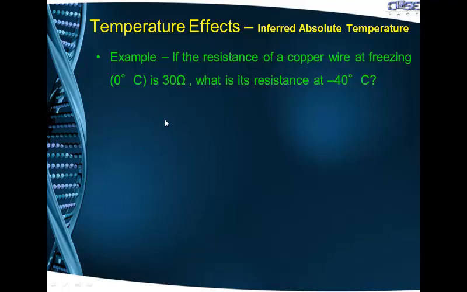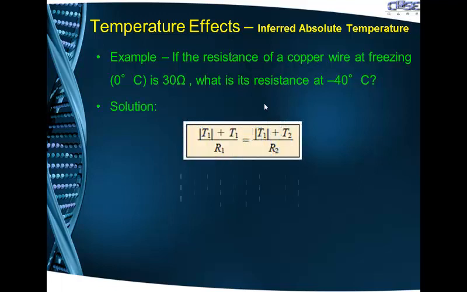So T1 is 0 degree and resistance at T1 would be 30 ohm, and I am asked to find the resistance at T2, which is minus 40 degree. So temperature goes down, so resistance should also decrease. Initially it is 30 ohm, then we can use this formula to compute the resistance.